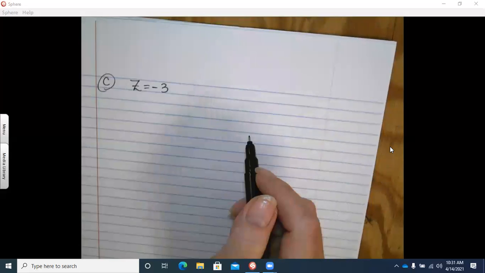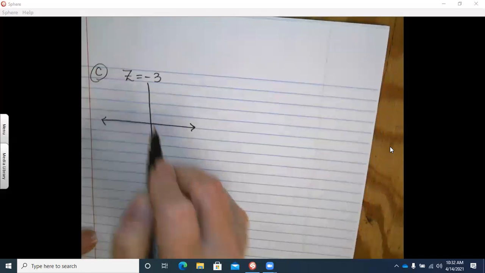So part C, we're going to graph z equals -3. It's missing a part. Is it missing the real part or the imaginary part? The imaginary part. That's okay.